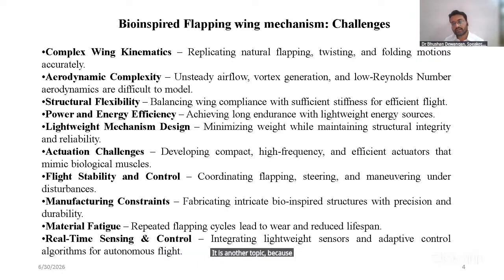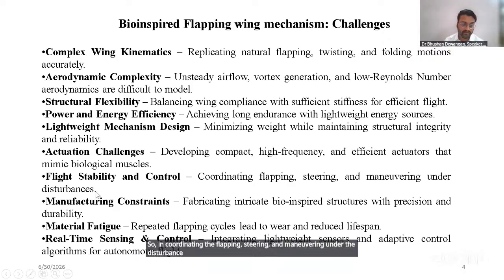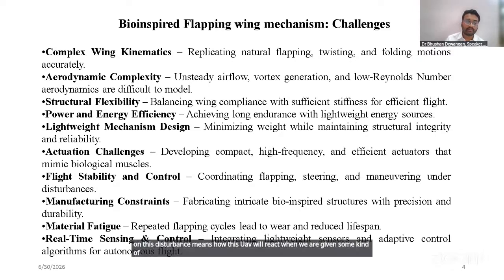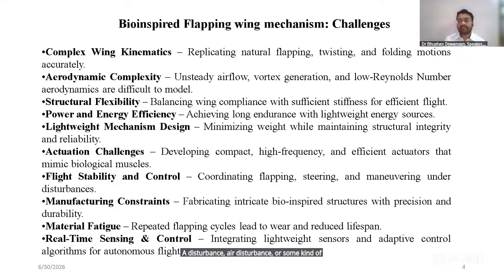In coordinating flapping, steering, and maneuvering under disturbance, a lot of research is being done. It concerns how this UAV will react when given some disturbance, such as air disturbance, pressure differences, or when we are going through very large air velocities.